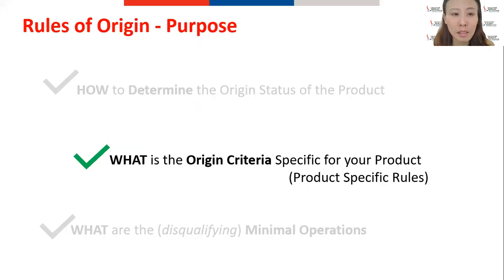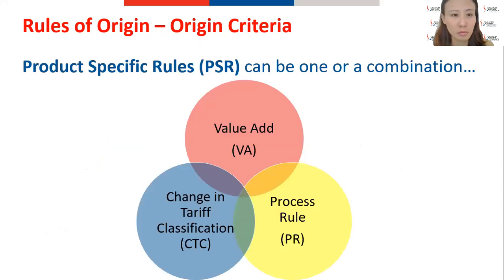Now we have completed the various general origin criteria. We move on to criteria that are specific for your products based on their HS code. Product-specific rules, or PSR, can be one or combination of the below.